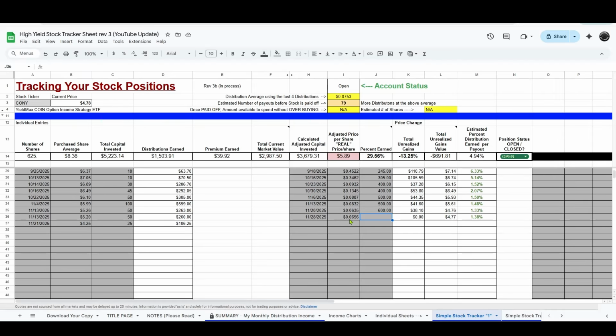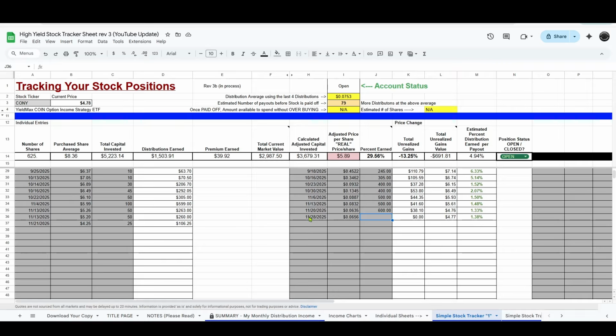All I have to do now is enter the eligible shares for that distribution, and it'll calculate it all out for me. Then we can follow up with that summary page once again, as it will update automatically as you enter any information into these individual sheets for each individual stock ticker.